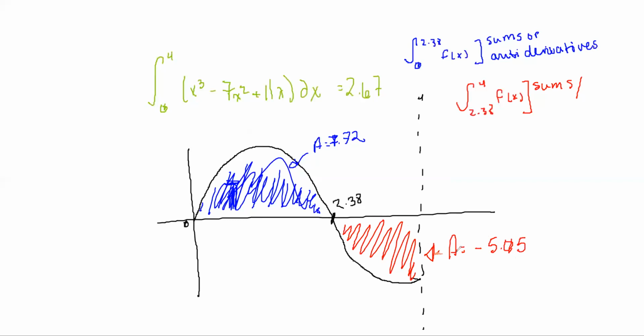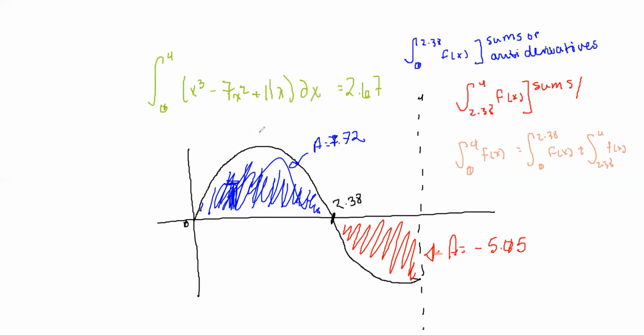So what they did is, if you're trying to find this whole thing, you can break it up into whatever you want: 0 to 2.38 plus 2.38 to 4.